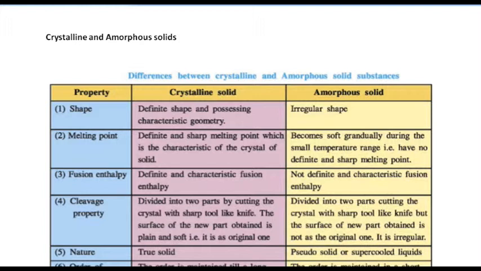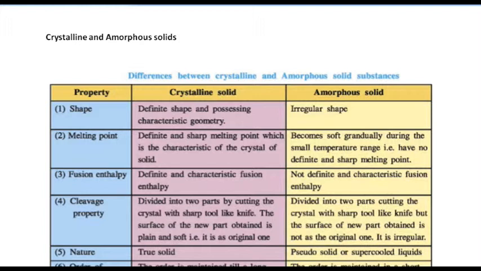Their melting points are not sharp. They melt over a range of temperatures. Examples of such amorphous substances are glass, rubber, etc.